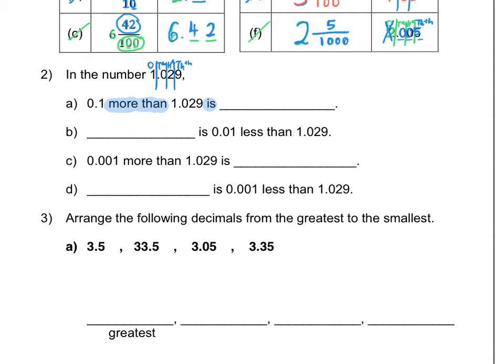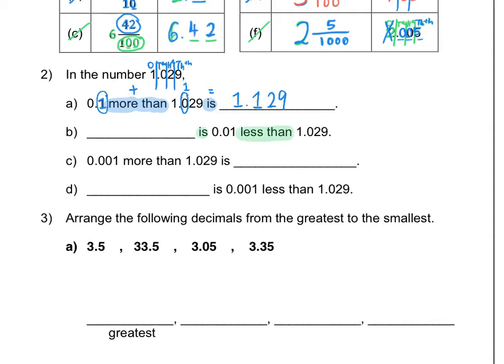So we label. More than means plus, is means equal. So 0.1, the 1 is in the tenths place, so we focus on the digit in the tenths place. 0 plus 1 is 1. The other digits remain the same. So my answer should be 1.129 for part A. Moving on to part B. What is 0.01 less than 1.029?